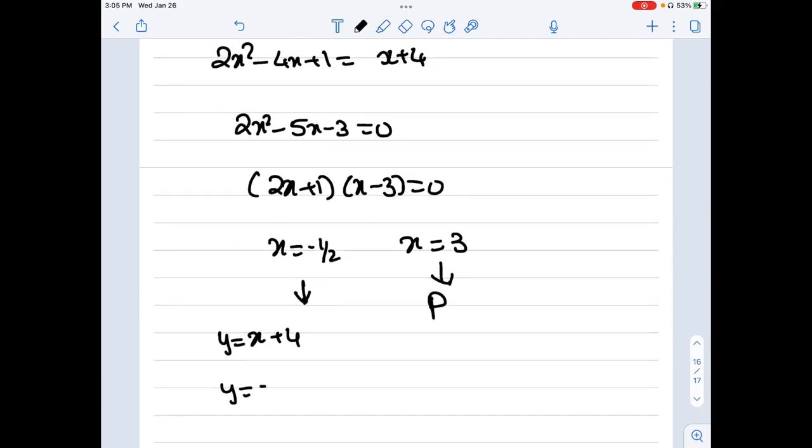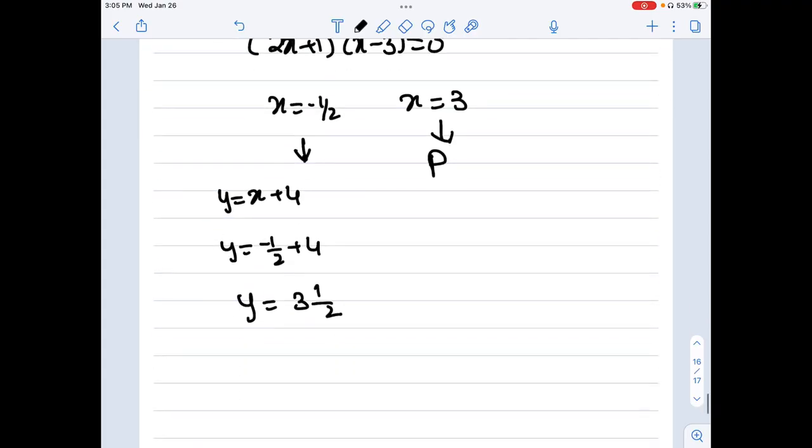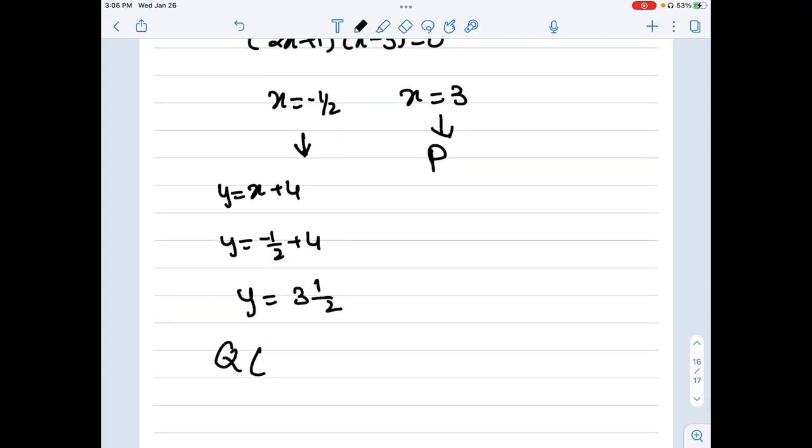So y is equal to minus 1 upon 2 plus 4, so y is equal to 3 1 upon 2. So the coordinates of Q are minus 1 upon 2, comma 3 1 upon 2.